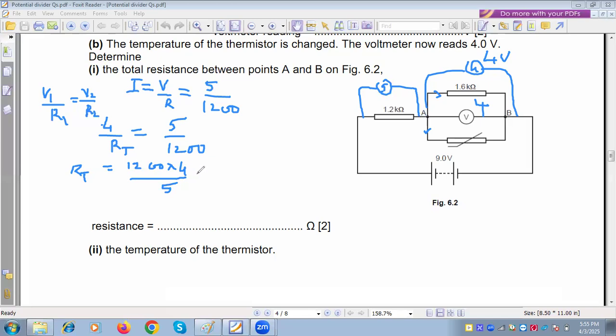Cross multiplication gives us the value. So this will be 960 ohm when I solve it.